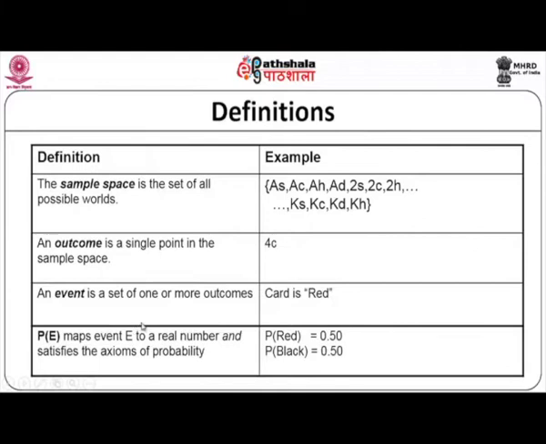An event can be, say, a red card drawn from the given deck, and the probability of E, for example, what is the chance of drawing a red card, which is indicated as probability of red, is equal to 0.5, or what is the chance of drawing a black card is equal to a probability value of 0.5. So, events are quantified using some number.